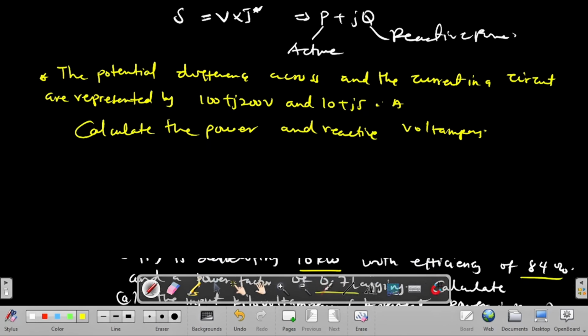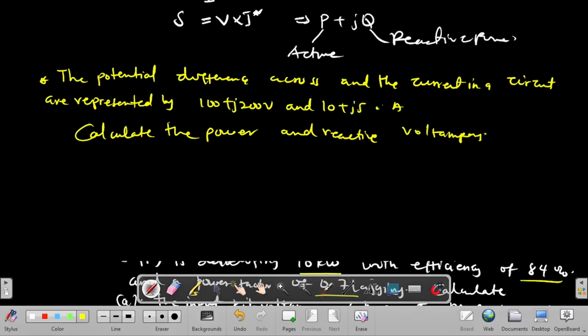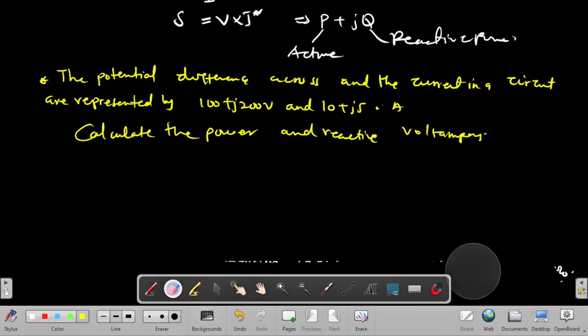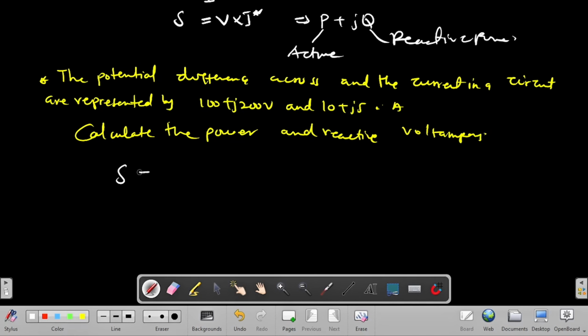Here we've been given the potential difference and we have the total current. So how quickly can we find the power, if we want to employ complex numbers here? Remember the general formula, S is equal to V I star.